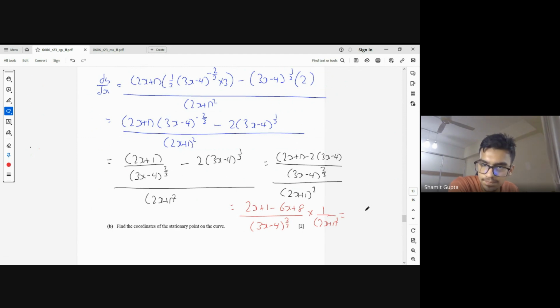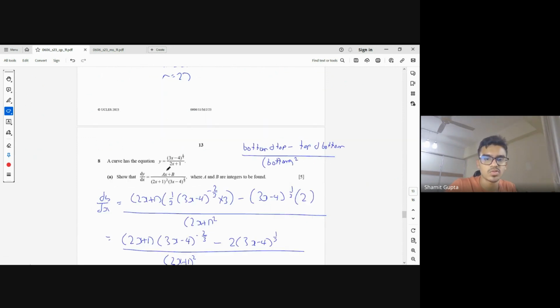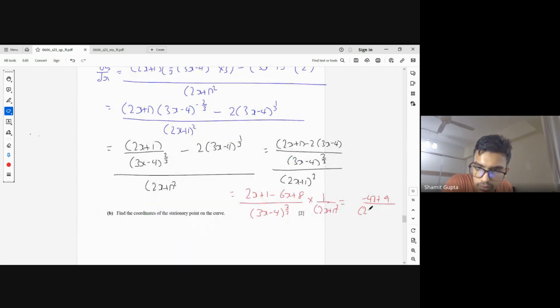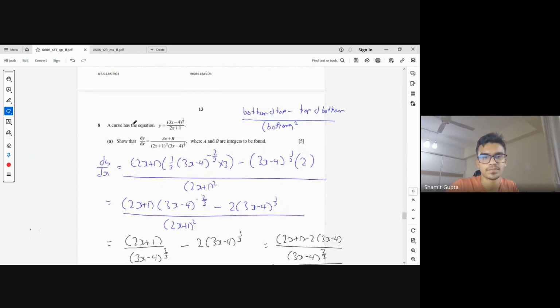So this becomes 2x minus 6x, which is minus 4x, plus 9, over (2x plus 1) squared, (3x minus 4) to the power 2 over 3. They want (2x plus 1) squared first, so just give them like that. So A is negative 4 and B is 9.